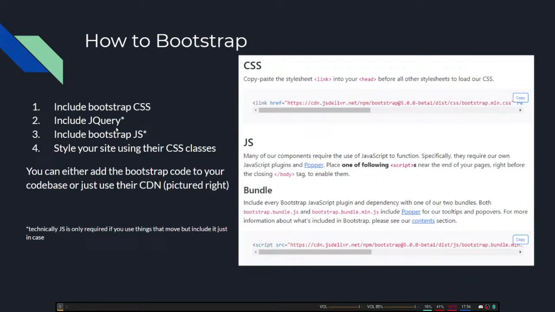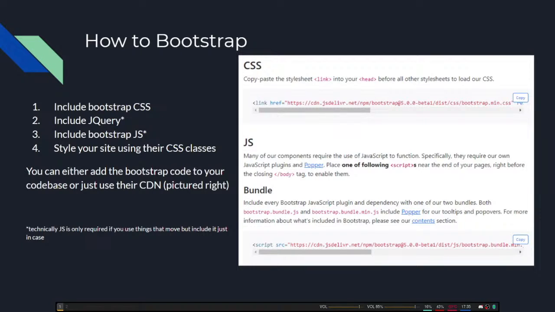First of all, you include the Bootstrap CSS, which is explained over in this screenshot. You can't really read it, but you can go to their documentation. Bootstrap has very good documentation. You can pretty much search up Bootstrap docs and it'll take you right there. This is all in there. Basically, you copy and paste this CSS link, and that will use Bootstrap's CDN server.